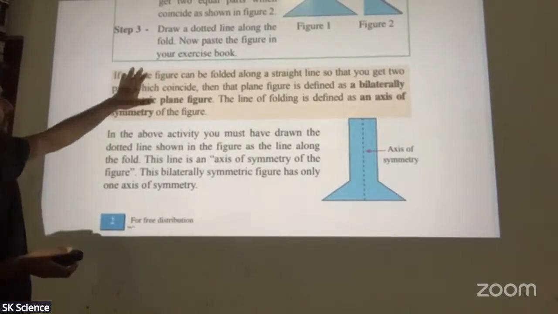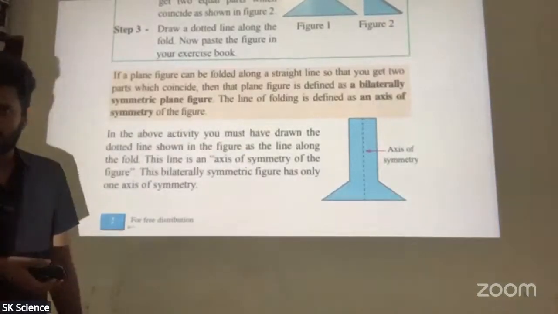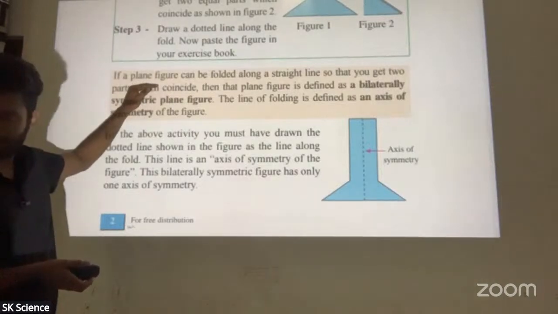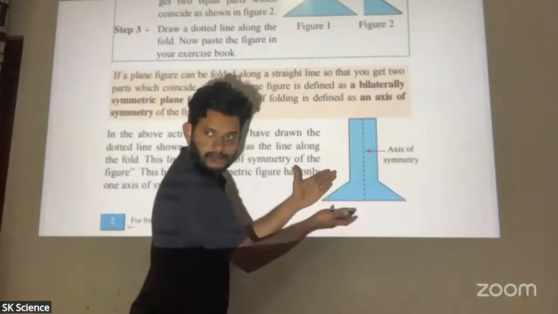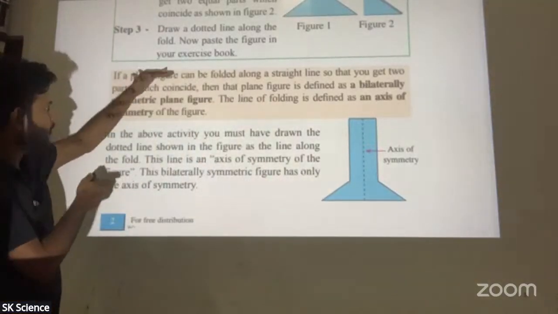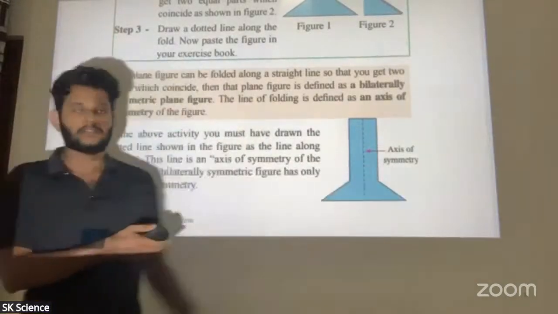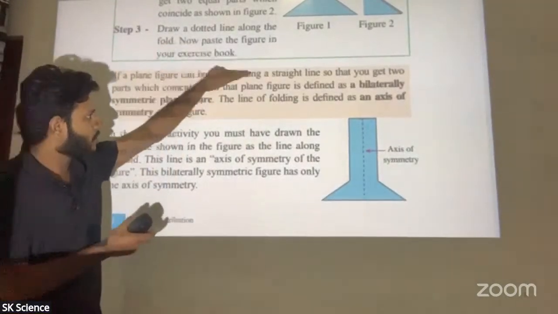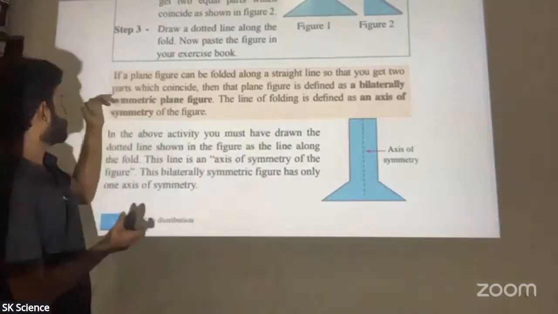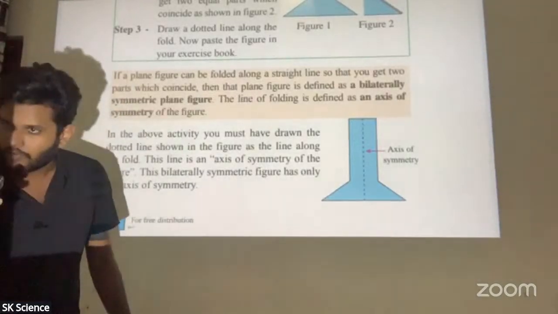If a plane figure can be folded along a straight line, what do you mean by plane figure? A plane figure is something like this. This is a plane figure, right? If a plane figure can be folded along a straight line so that you get two parts which coincide, you know the meaning of coincide, right?